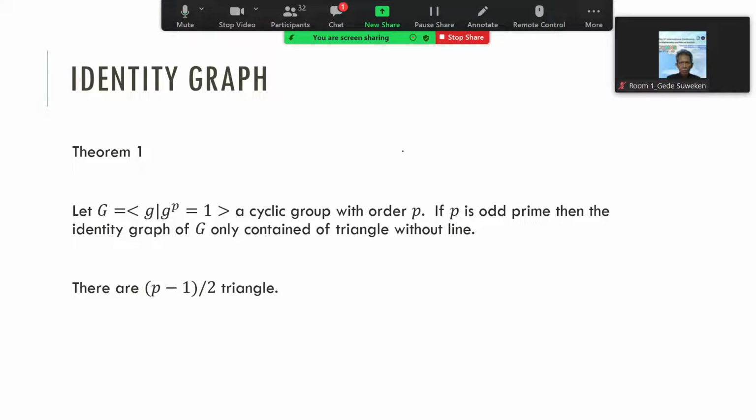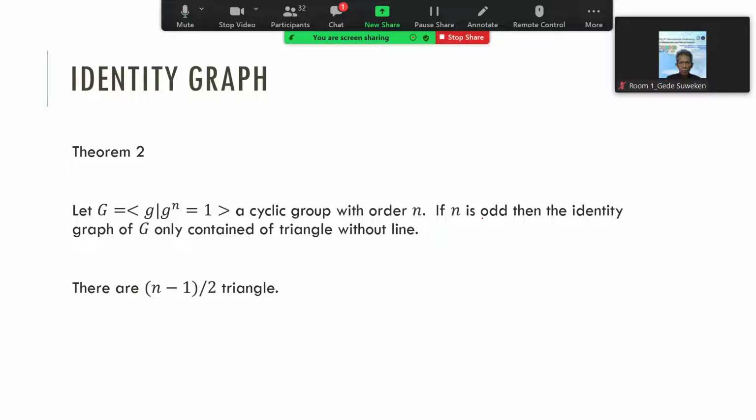So the first theorem is, if G is a cyclic group with order p and p is an odd prime, then the identity graph of G only contains triangles without lines. And the number of triangles is (p minus 1) per 2. The second theorem: it's not only prime order.